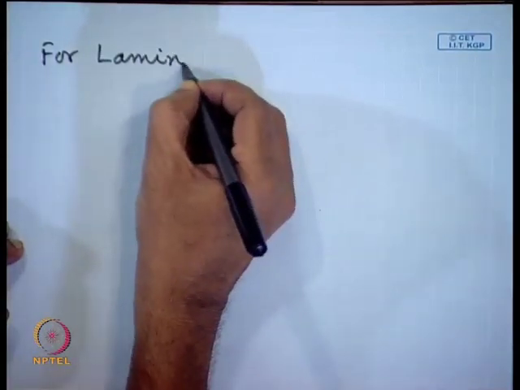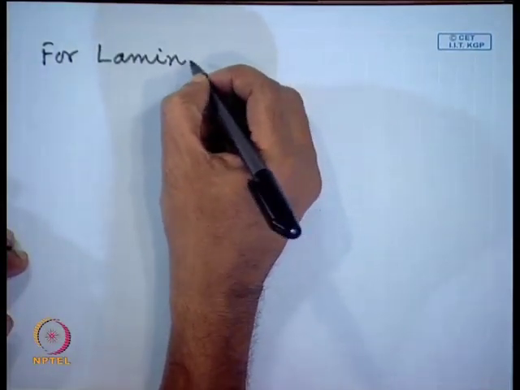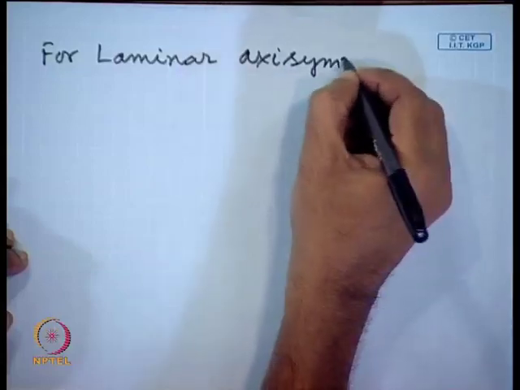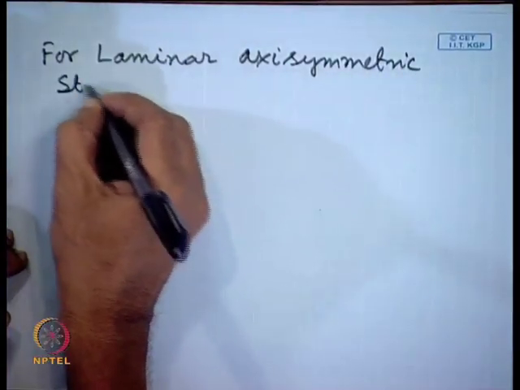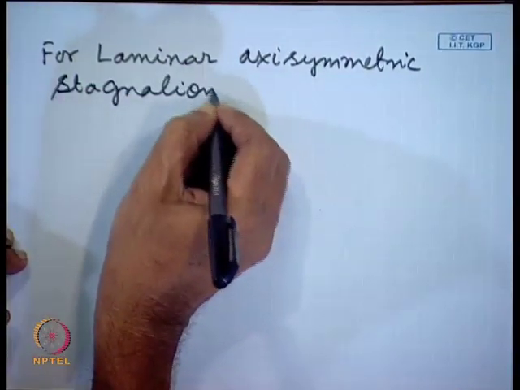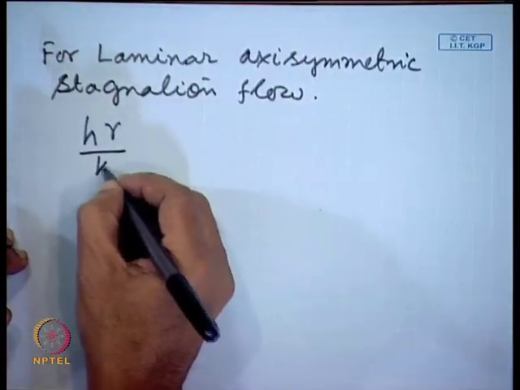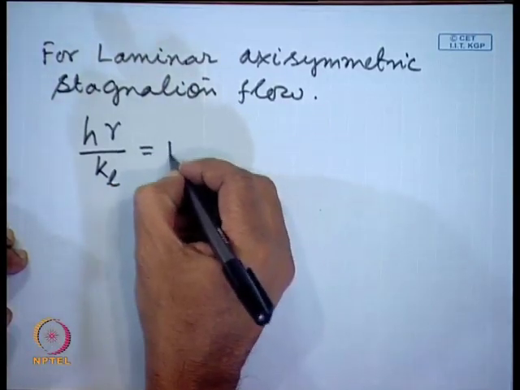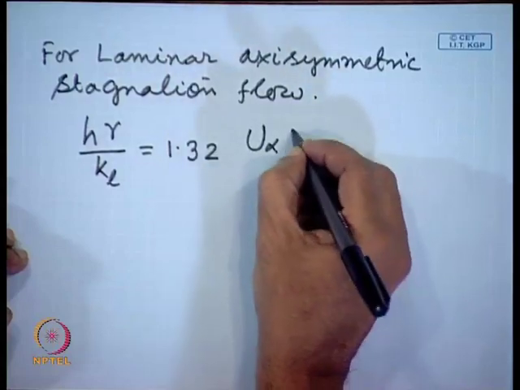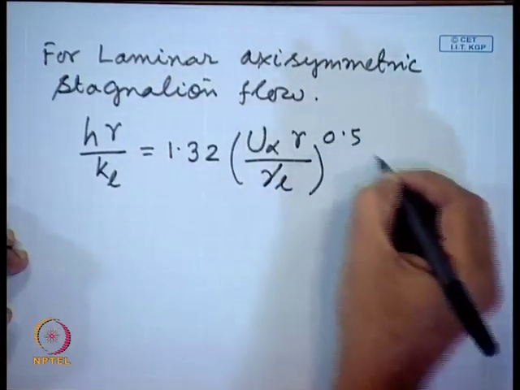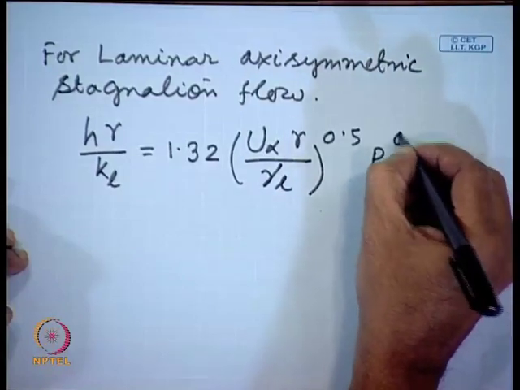So, with this, for laminar axisymmetric stagnation flow, we are having h r / k_L, liquid conductivity, is equal to 1.32 (U_infinity r / nu_L) to the power 0.5 Pr_L to the power 0.33.